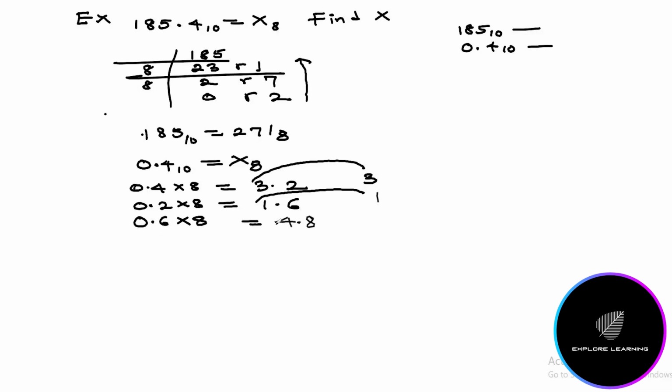So by the rule, we have to take the value before the decimal point, which is 4 in this case. So to determine the next value, we say 4.8 minus 4. So that is going to give us 0.8. So multiply by 8, we're going to get 6.4.